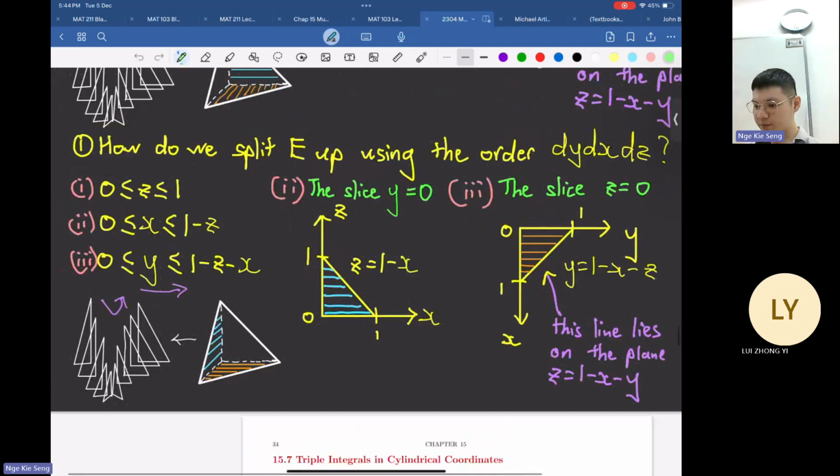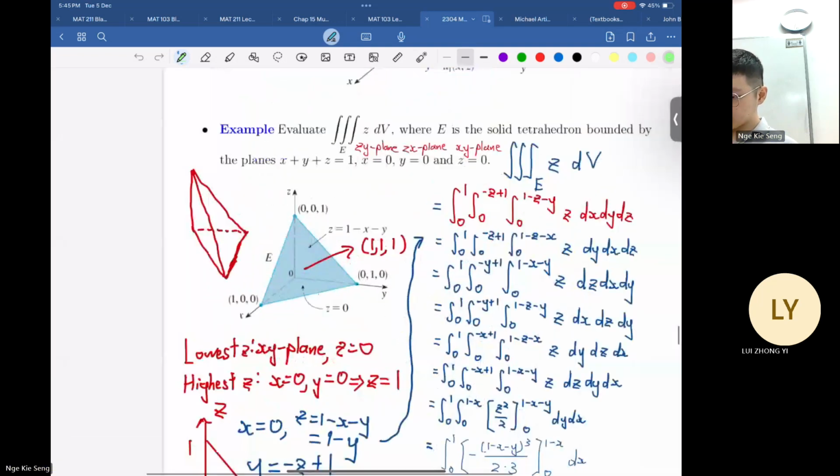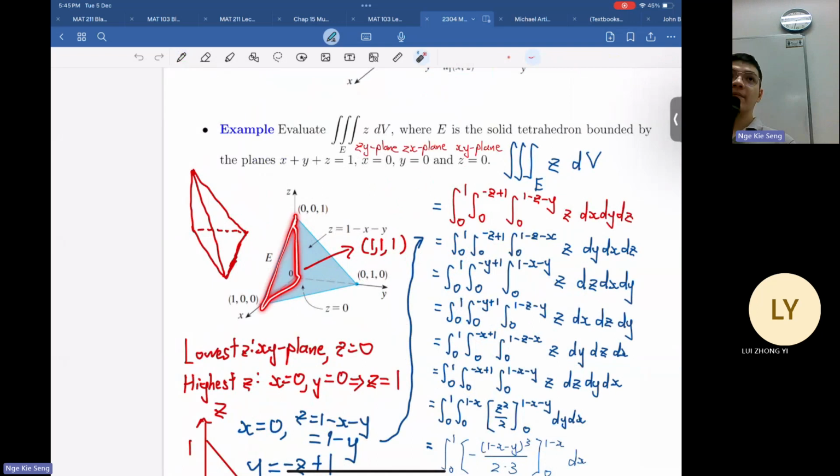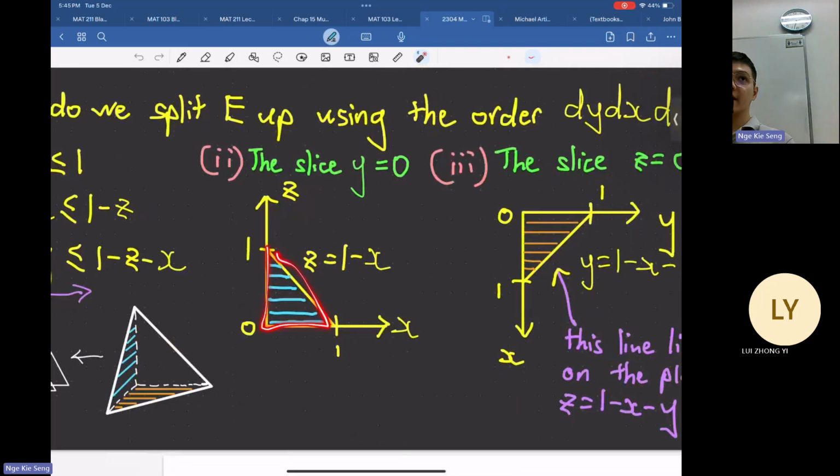Okay, let's see, we pick dy, dx, dz. So dz, xy. Okay, what happened to z, xy? Similarly, z is from 0 to 1. Okay, it's the same. How about zx? What's the shape of zx here? Zx is still a triangle. So you need to draw your zx shape. Is this the triangle here?